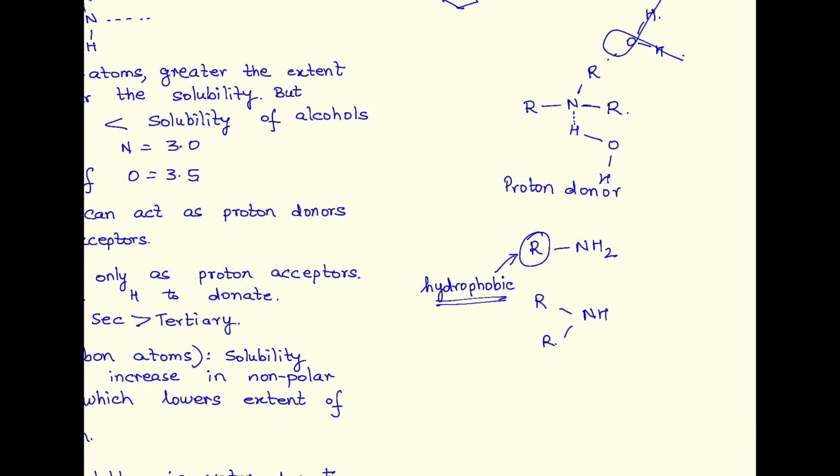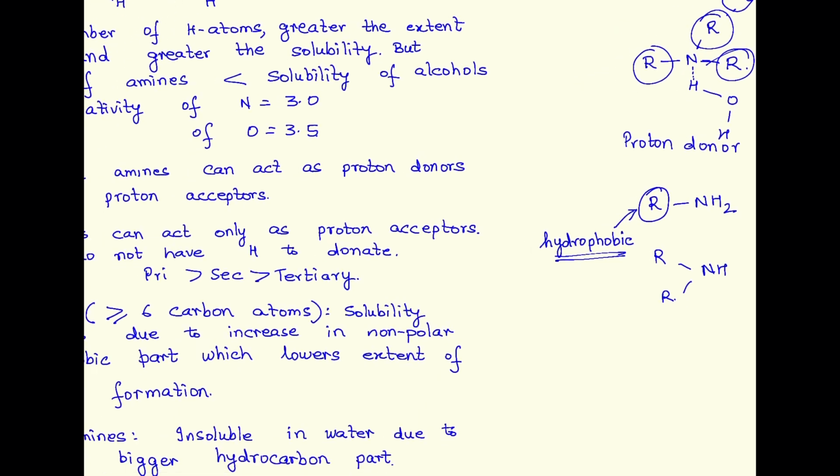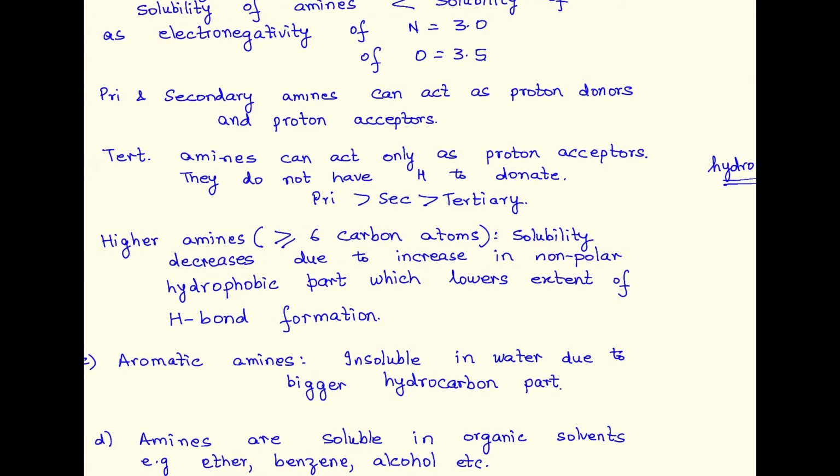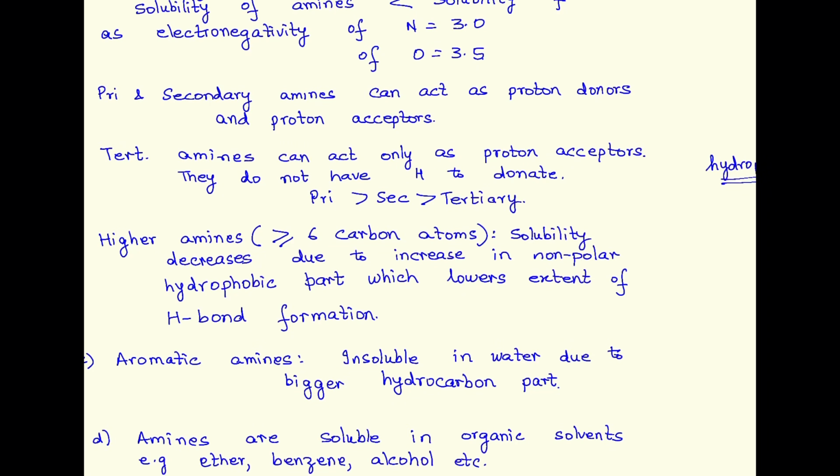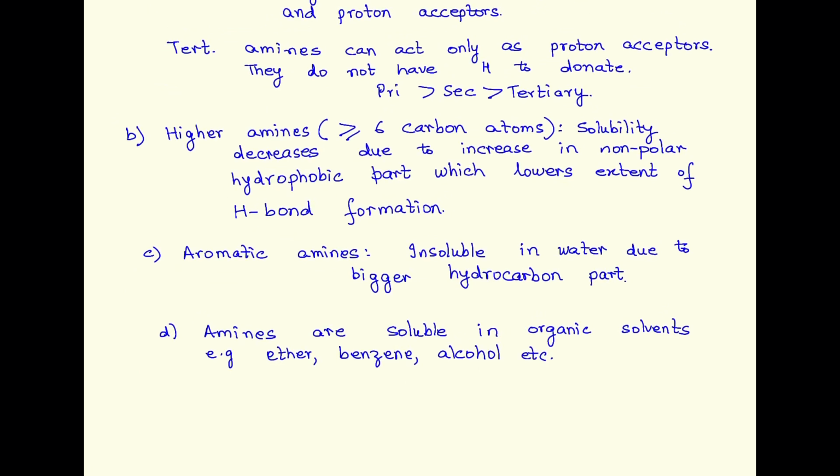It is a non-polar part. So because of the increase in the hydrophobic part in a tertiary amine, the solubility will go down. We notice that in the case of higher amines with greater than 6 carbon atoms, the solubility actually goes down due to the increase in the non-polar hydrophobic part.